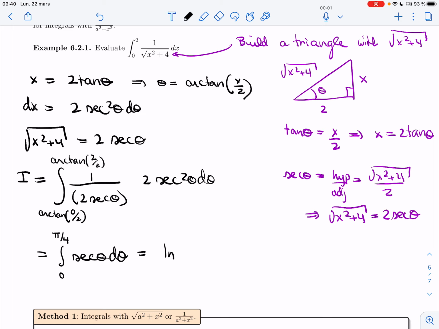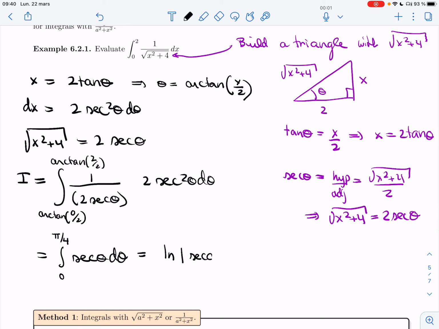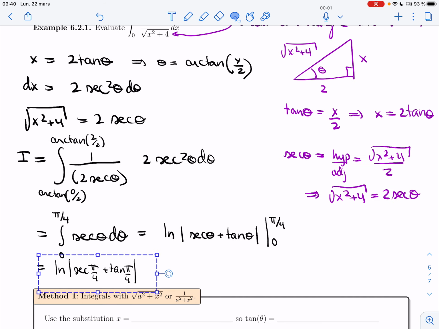All right, then I get ln. That's one of the integrals that we learned. What is it? Ln of absolute value of secant theta plus tan theta. And then I plug in 0 and pi on 4. So I get ln of secant of pi on 4 plus tan of pi on 4, and then minus log of secant of 0 plus tan of 0.